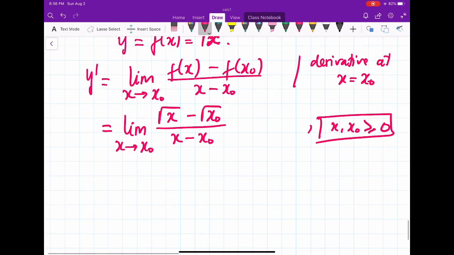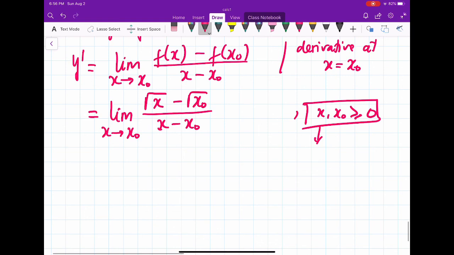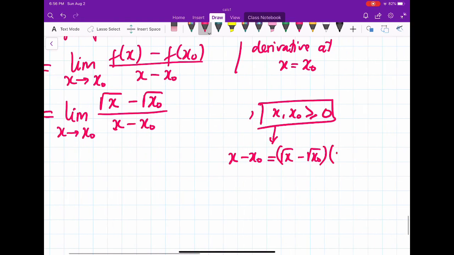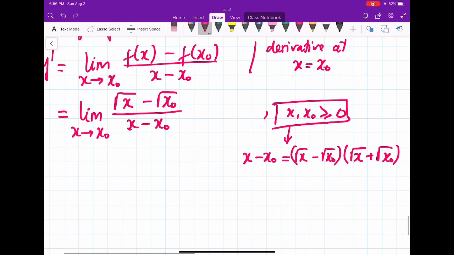So I may use this condition for the following: x minus x0 is square root of x minus square root of x0 times square root of x plus square root of x0. In here, I use the identity a squared minus b squared equal to a minus b times a plus b.